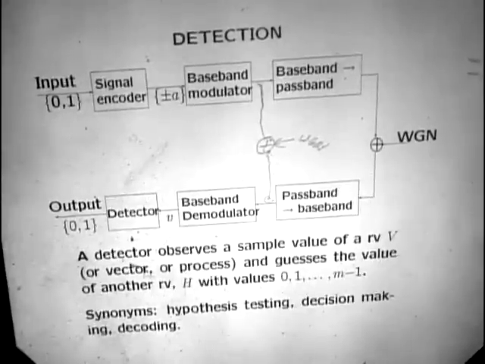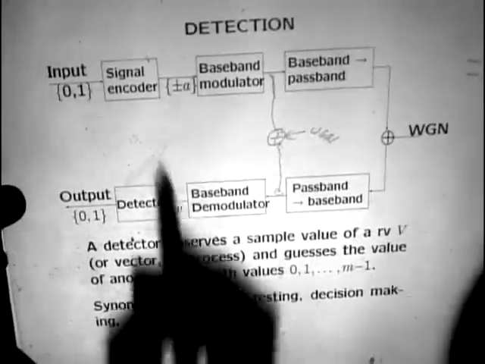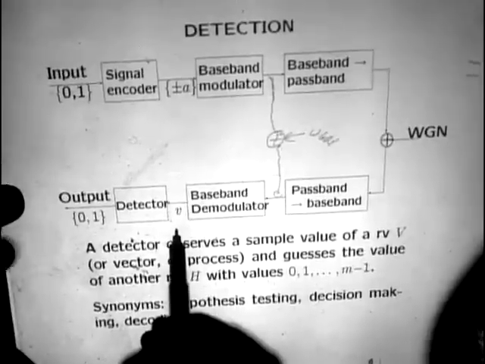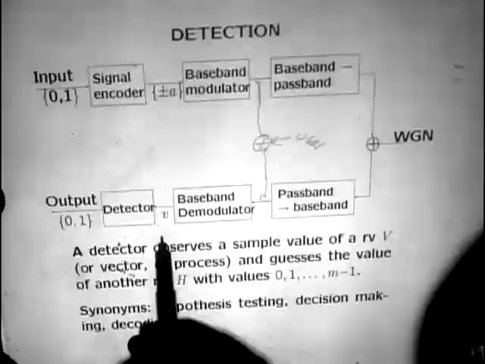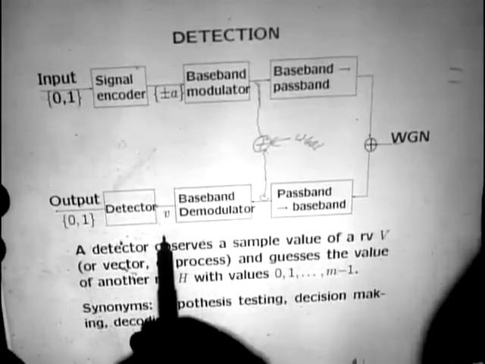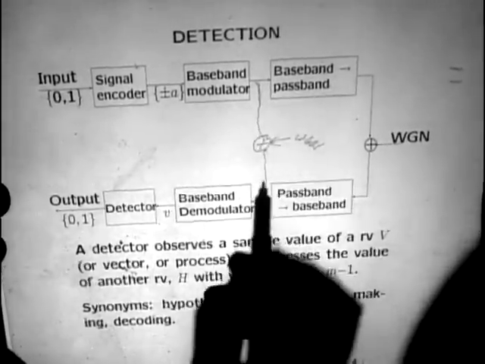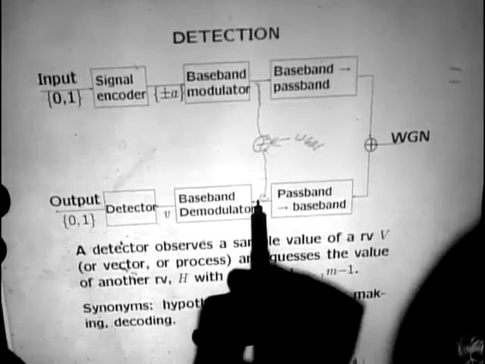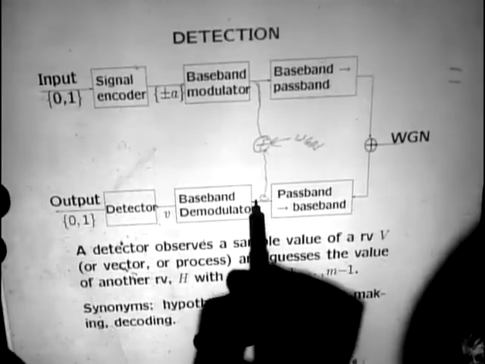Okay? In other words, we started out by saying, let's suppose that what we have here is a number. What's the optimal detector to build? And then we go on and say, okay, let's suppose we look at the problem here. What's the optimal detector to build now?